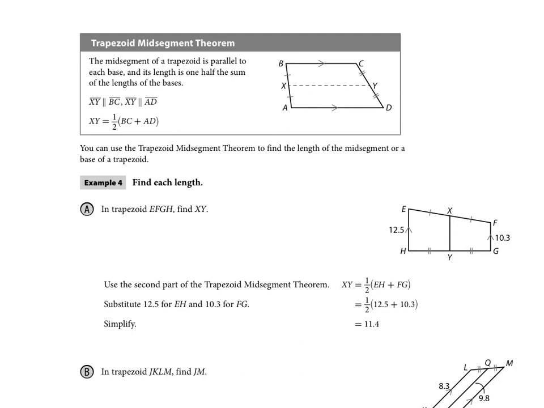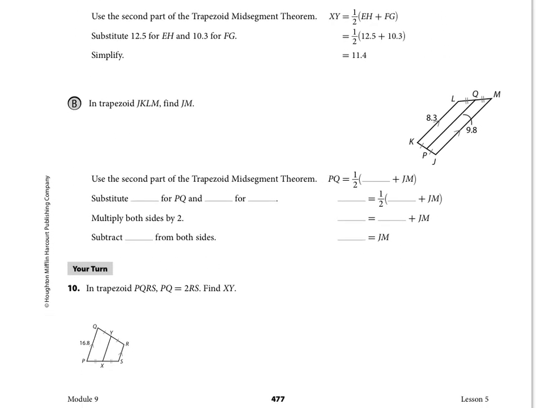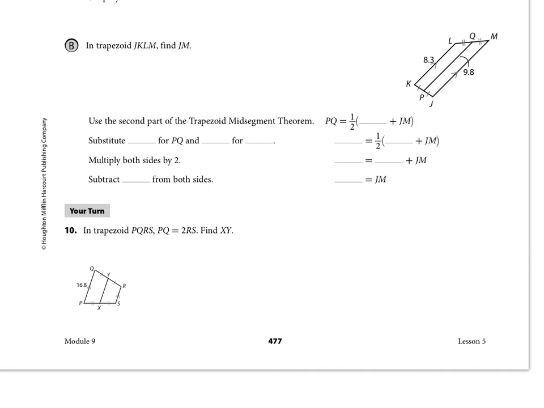Moving on down the page, doing some fill-ins for part B. Again, using the idea of the mid-segment, we're going to use that PQ is going to be half of the two bases added together. One of them is KL and JM. The one that's missing appears to be JM in our fill-in here.